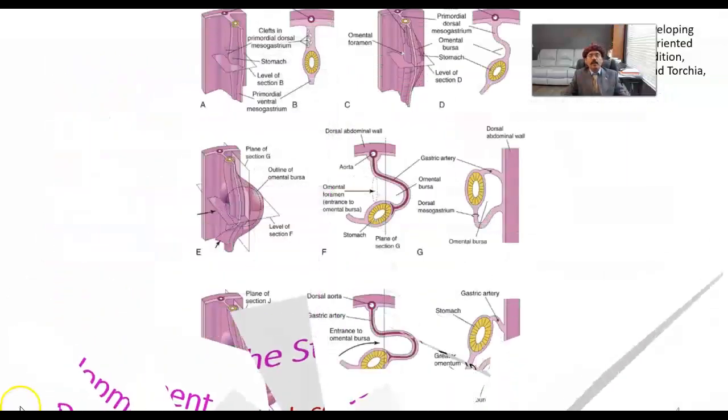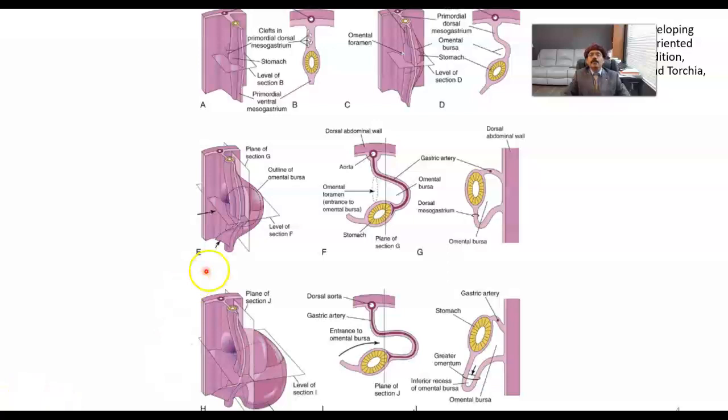If you go to the next slide, you will see there will be formation of the omental bursa behind the stomach, and there will be formation of the greater omentum, and the omental bursa or lesser sac is here. There should be a communication between the lesser sac and the greater sac through the omental foramen here.